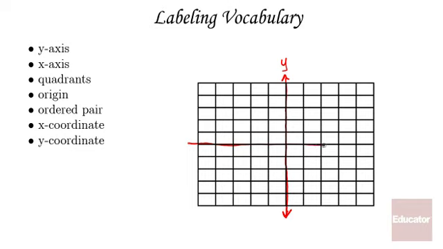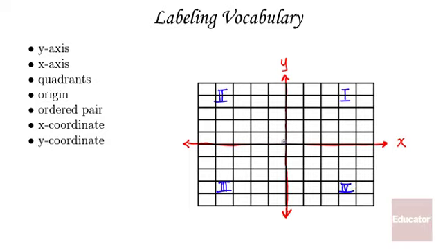And then left to right here, the horizontal line, this is your x-axis. The quadrants move counterclockwise. You have quadrant 1, quadrant 2, quadrant 3, and quadrant 4. And they're generally represented by Roman numerals.